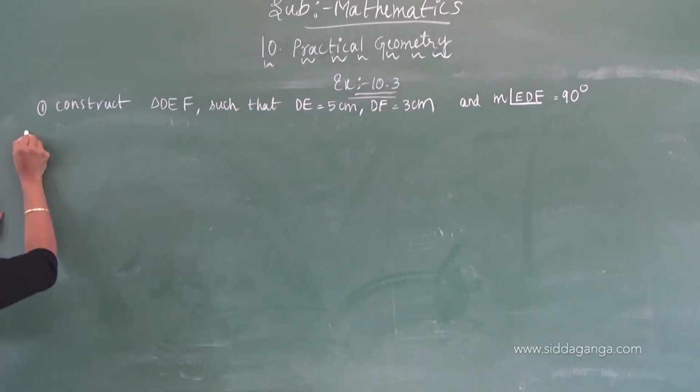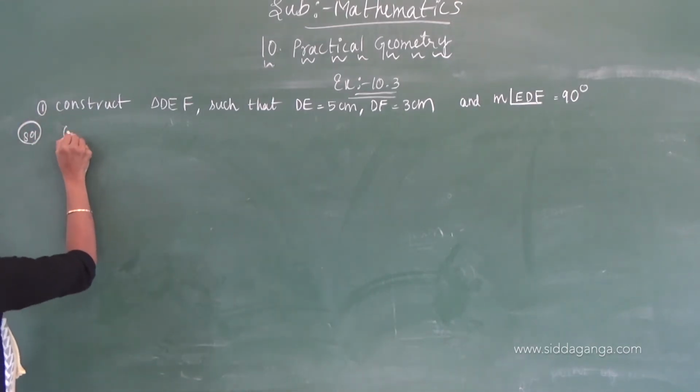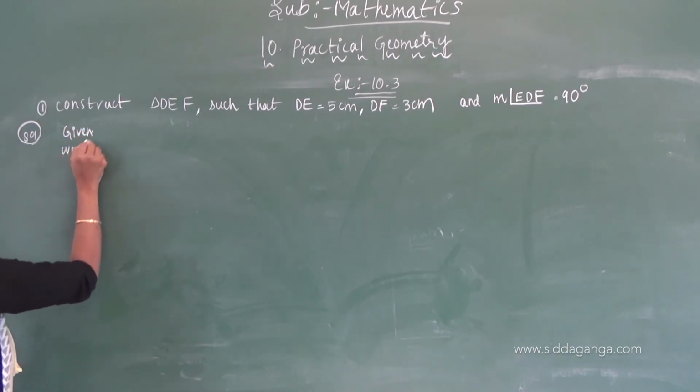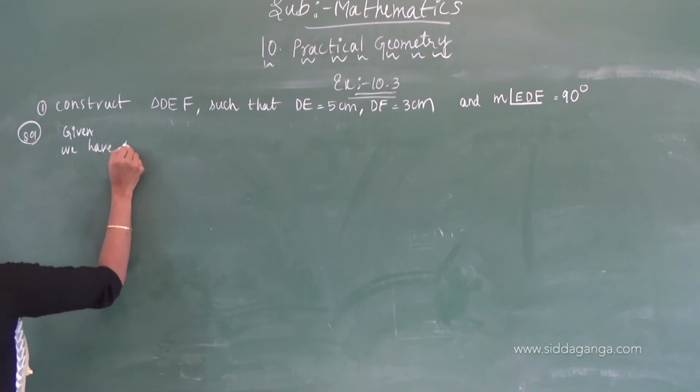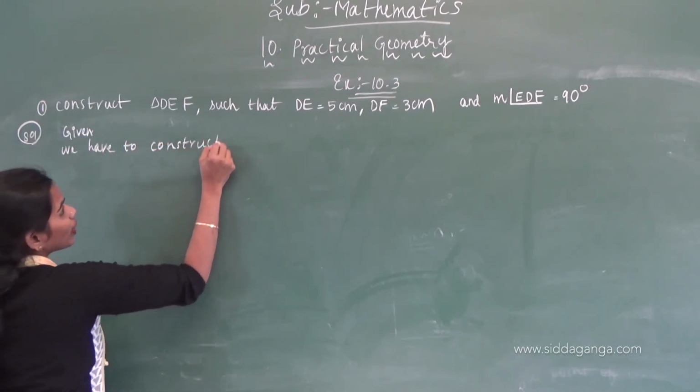Okay, solution. In the solution, what we have to write? Given: we have to construct, which triangle we have to construct?